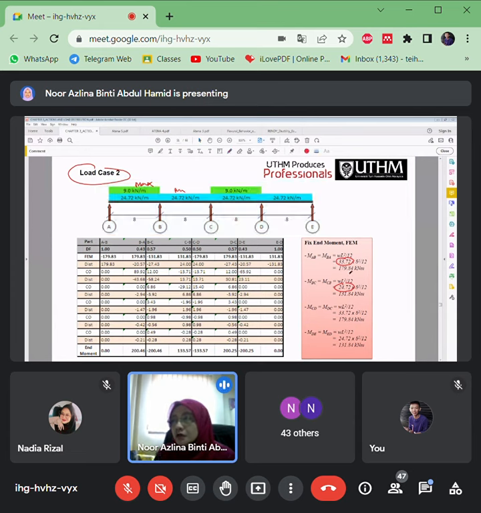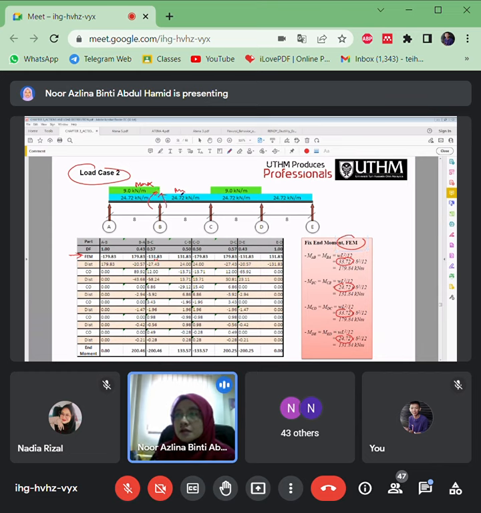Okay, same as the MCD uses maximum, MDE uses minimum. So that's why you will get the different load here. Okay, this is the moment from here. So repeat the same calculations.